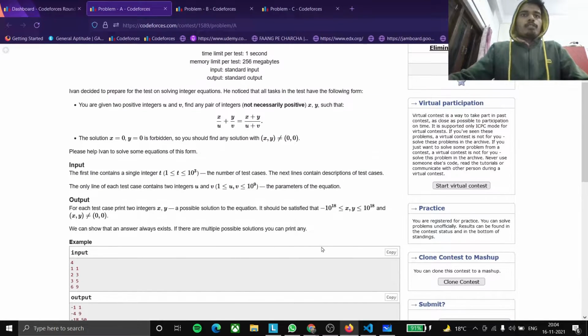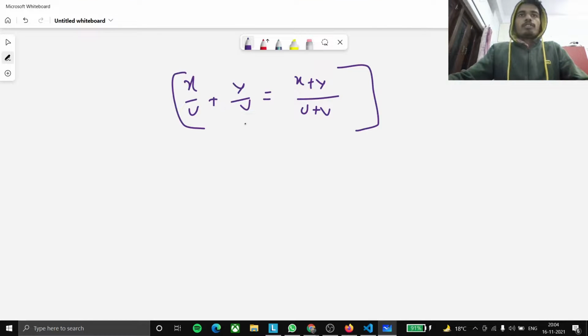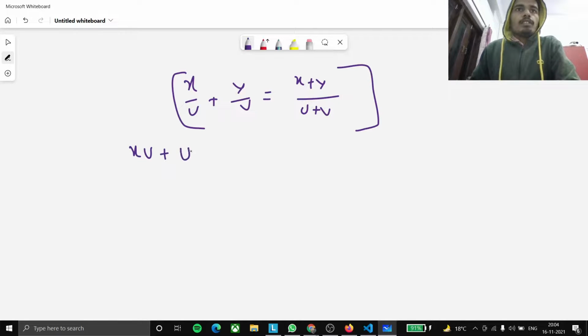Now thinking about the solution. This is our equation that we have been given. First of all, we could take the LCM: (xv + uy) by uv equals (x + y) by (u + v).